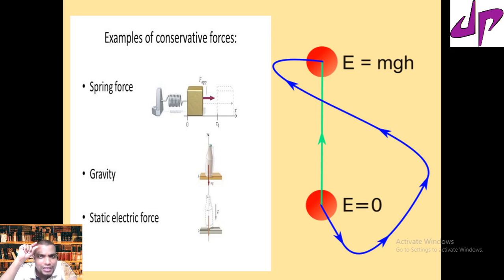It only depends on the initial and final positions. You can bring the object in any crooked manner, any curve like that. It does not depend on the path we have chosen, only on the initial and the final positions. So this is a very important point when you are learning about conservative forces.